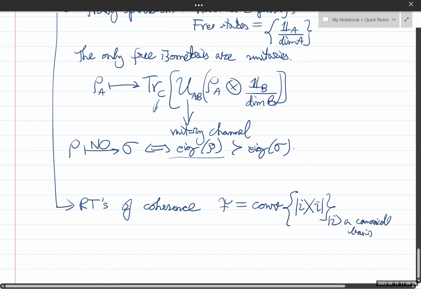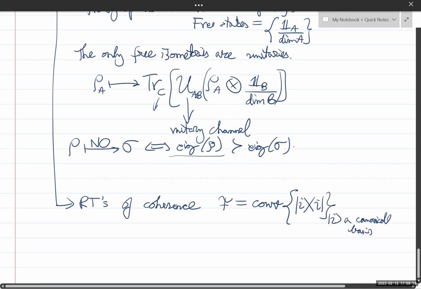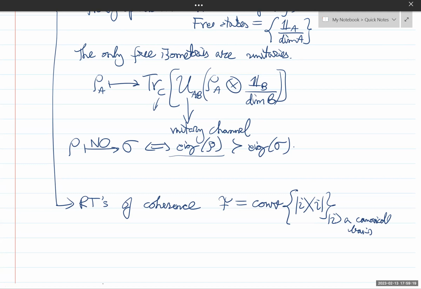So this is also related to the earlier discussion of there being some preferred basis. If you define a certain preferred classical basis and say that states that are diagonal in that basis are free and everything else is a resource, you can come up with various definitions for the free operations, and different free operations result in different specific resource theories of coherence.